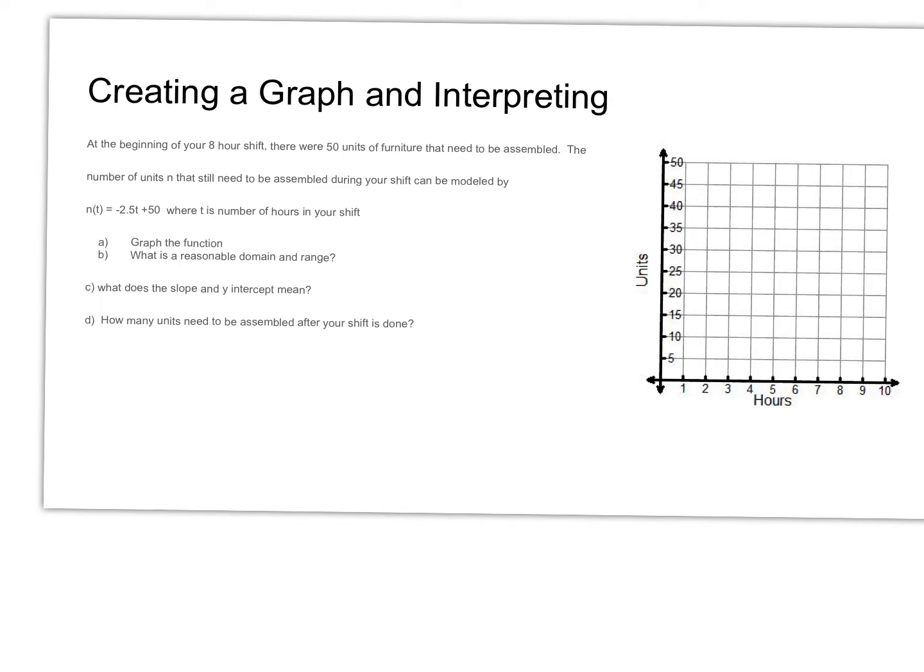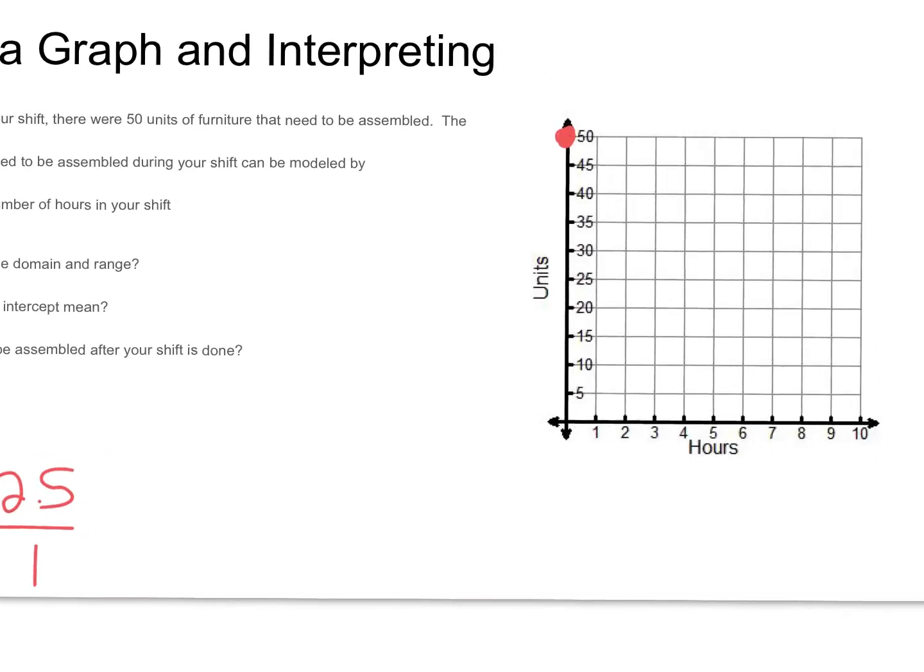Okay, so we're going to start at 50, because that's my y-intercept. Then we're going to be going down 2.5 and right 1. Remember, slope is rise over run. It's going to be kind of tricky here, so I'm going to zoom in on this a little bit.